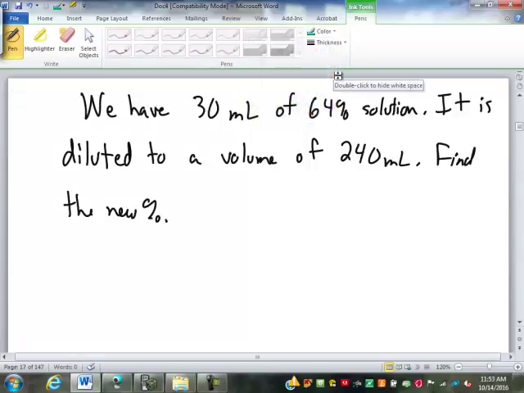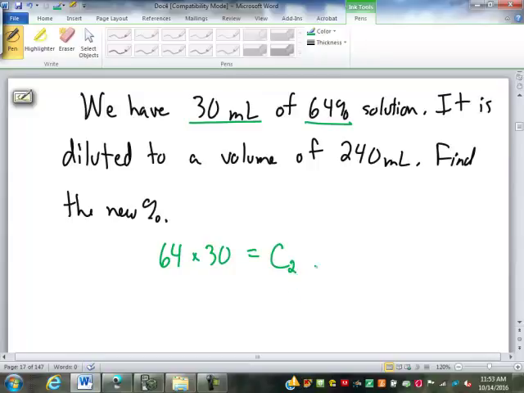So we have our original concentration and percent. Percent times volume. So 64% times 30 milliliters. Now on the other side, we're looking for the new percent, the new concentration. So that's C2 that we're looking for, times our new volume, which is 240.